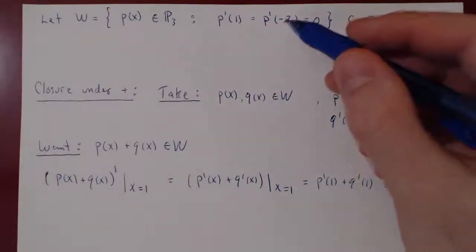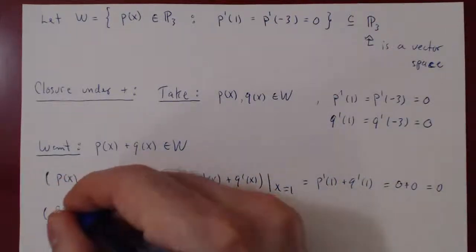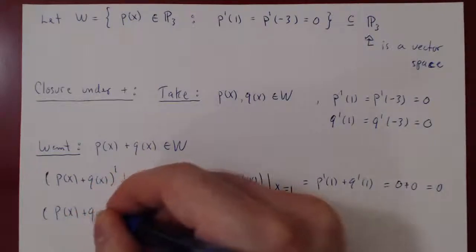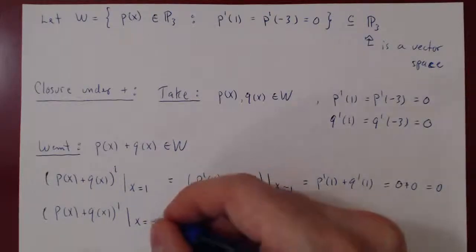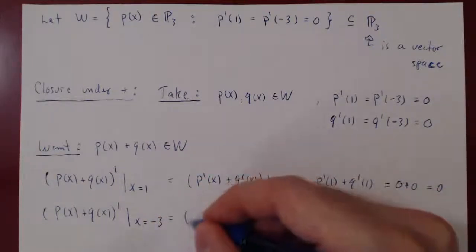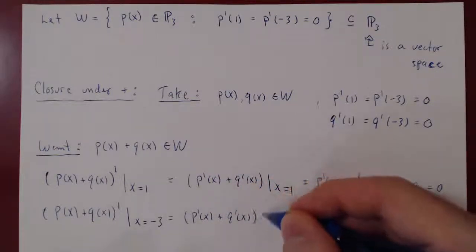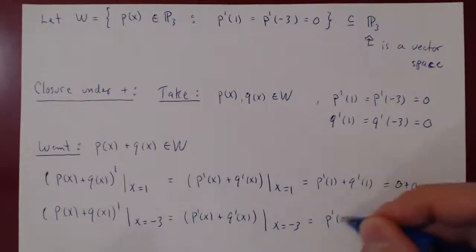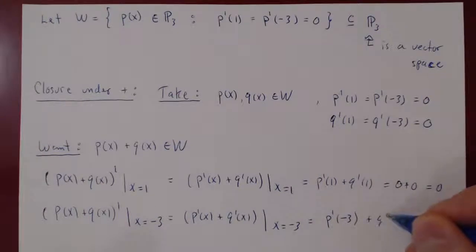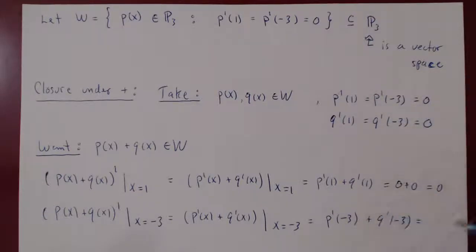Let's prove that x equals negative 3 is also a critical point of p plus q. We differentiate and evaluate at x equals negative 3. Once again, this is the derivative of p plus the derivative of q at x equals negative 3. We evaluate, so we get p prime of negative 3 plus q prime of negative 3. But by assumption, x equals negative 3 is a critical point of p and q, so these are both equal to 0.